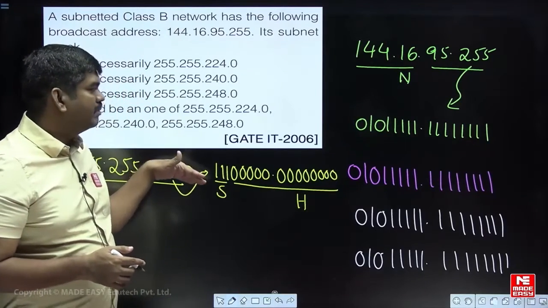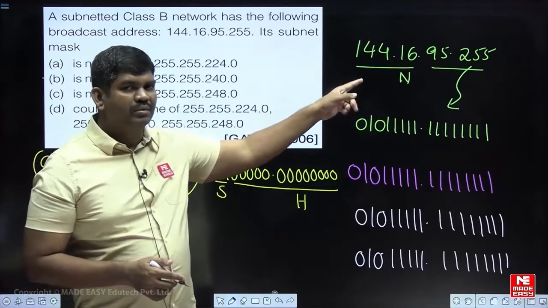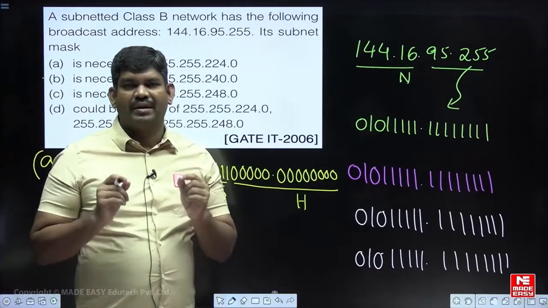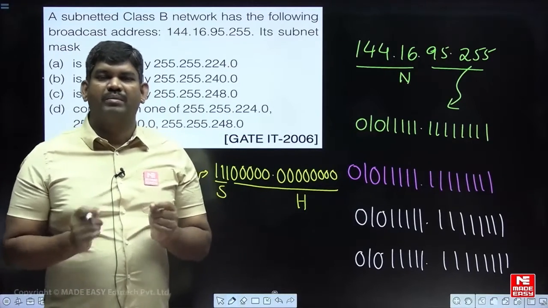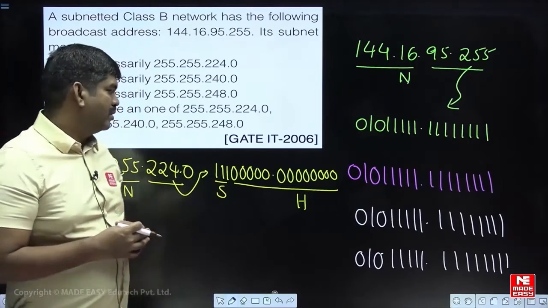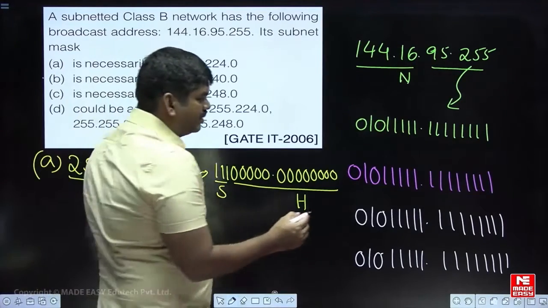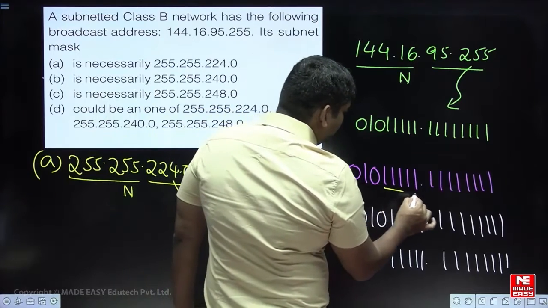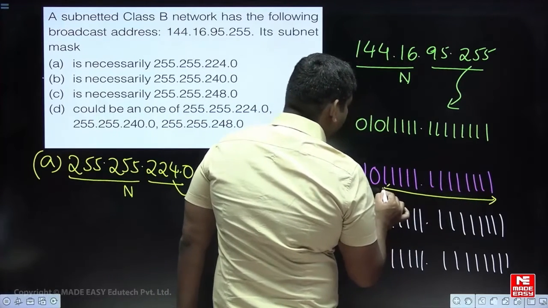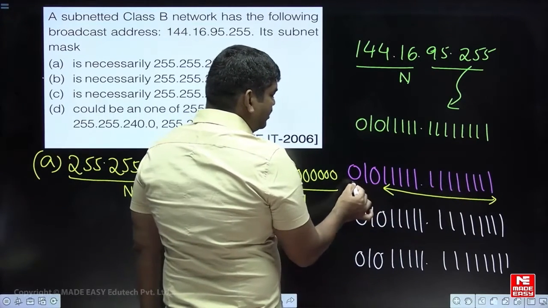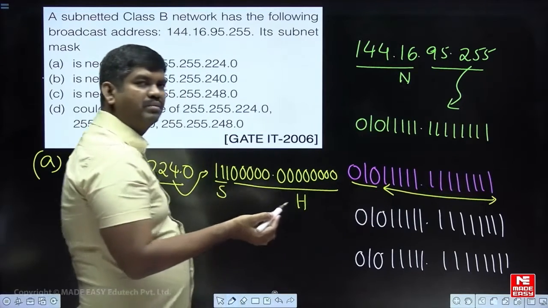For this particular mask, if the given value has to act as a DBA, the host bits should be continuous ones. Host bits are 5 plus 8, so 13 ones should be there. You can check that from here to here 13 continuous ones are available, and this 0, 1, 0 is also a possible subnet.